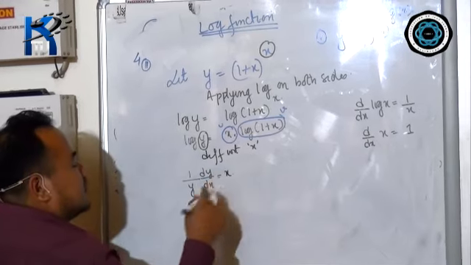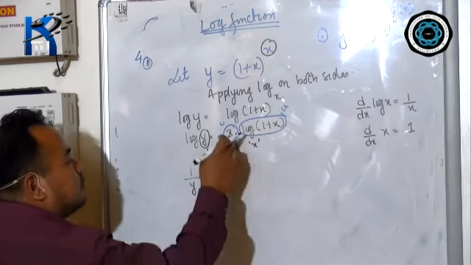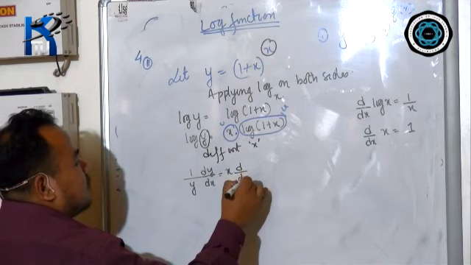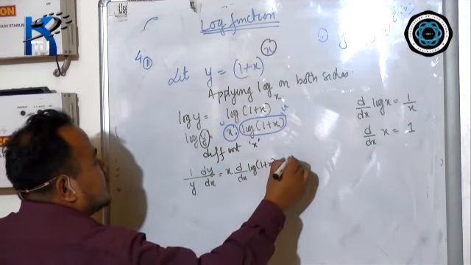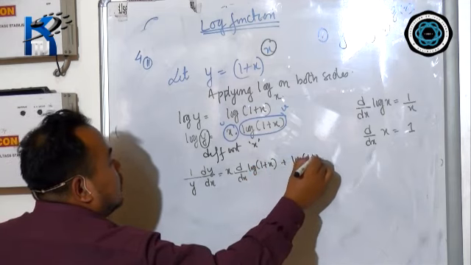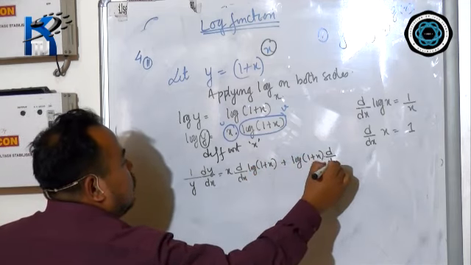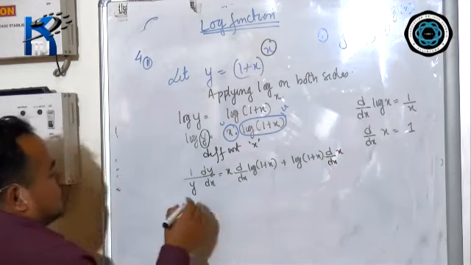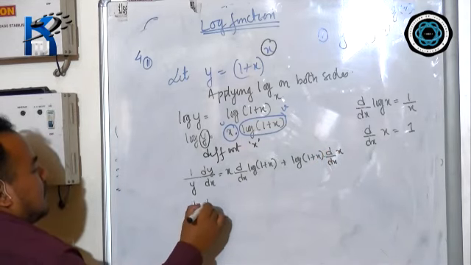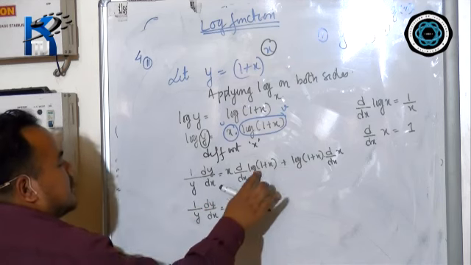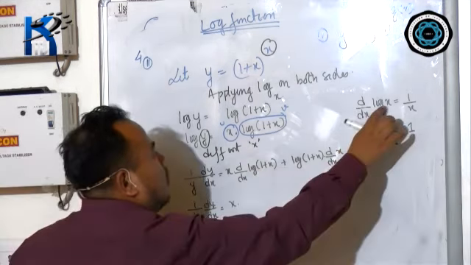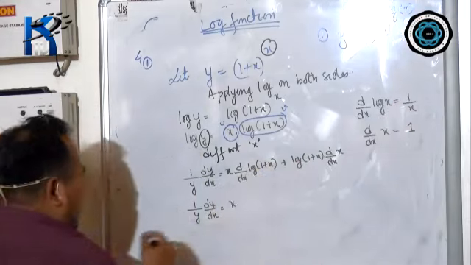The rule is, say the rule but write down the values: u d by dx of v plus v d by dx of u. So moving on, 1 by y dy by dx equal to x. Is this standard or composite again? Log x, it's 1 by x, but this is 1 plus x.